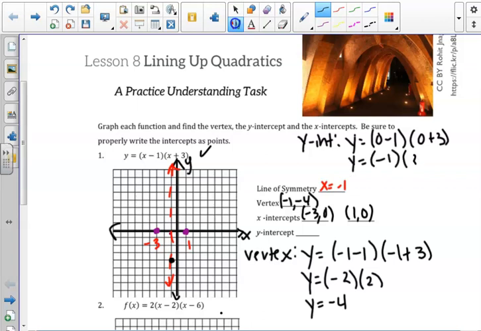So -1 times 3, that means my y-intercept should cross at -3. So 0, -3 should be my y-intercept, -1, -2, -3. And then I can connect my points to make my parabola.